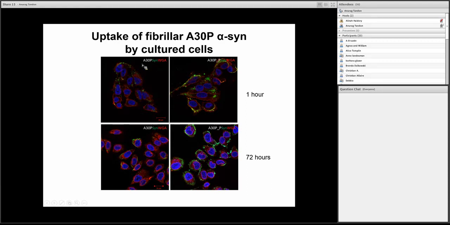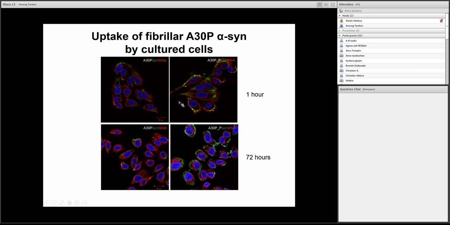In this case, these two are the non-phosphorylated, and these two are the phosphorylated alpha-synucleins treated in these cells for either 1 hour or 72 hours. And what you see is there's a small amount of accumulation in the non-phosphorylated. The green shows here, which accumulates in the cells over 72 hours is a lot more, obviously, and it's also internalized.